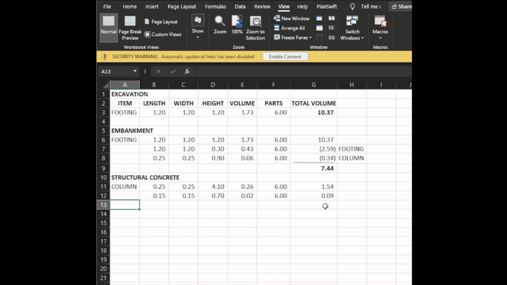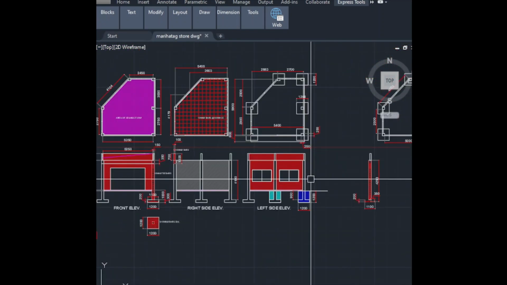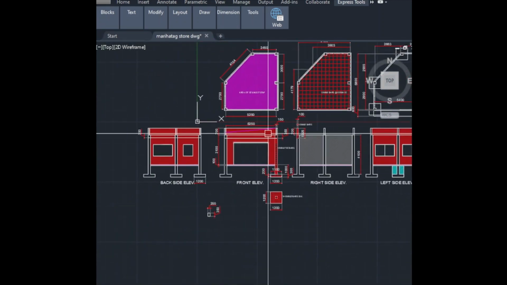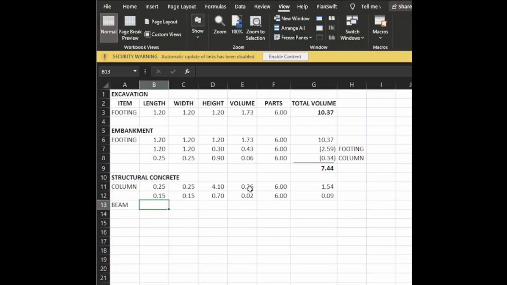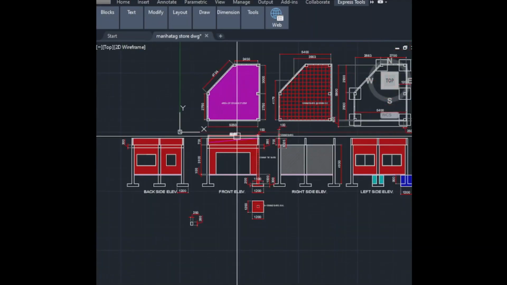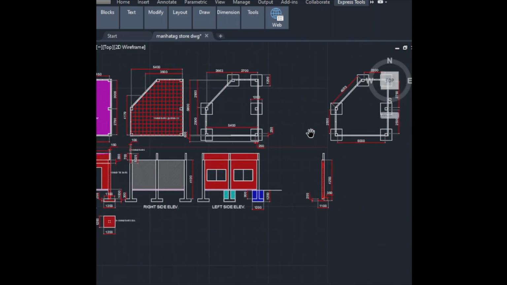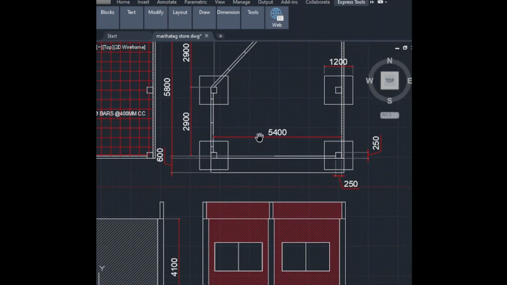So for our beam, we have sizes of 0.2 by 0.35. Where is our beam, guys? So this is our beam, 0.35, and the width is 0.2. So 0.2 and 0.35, and the height is, the first height for the beam.